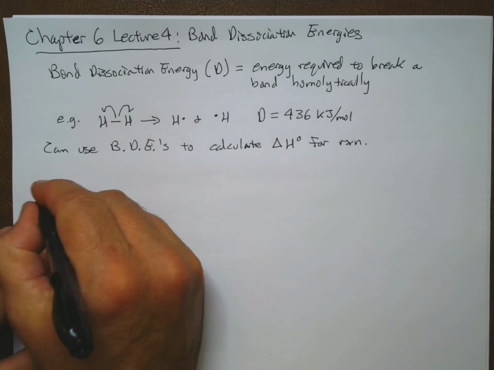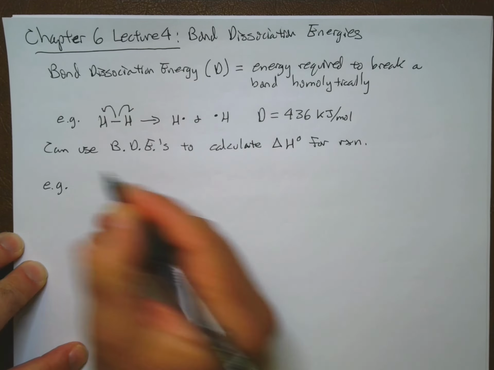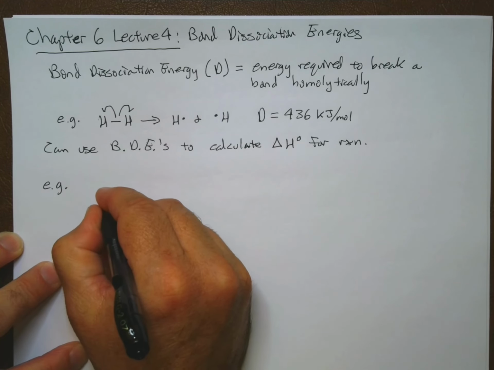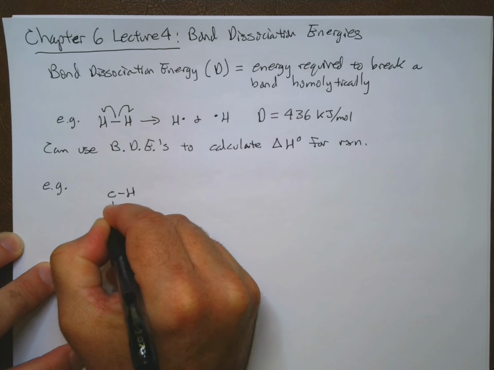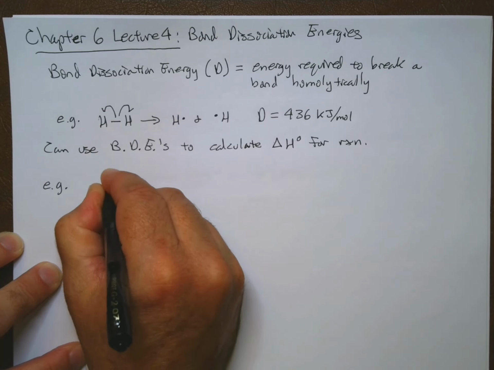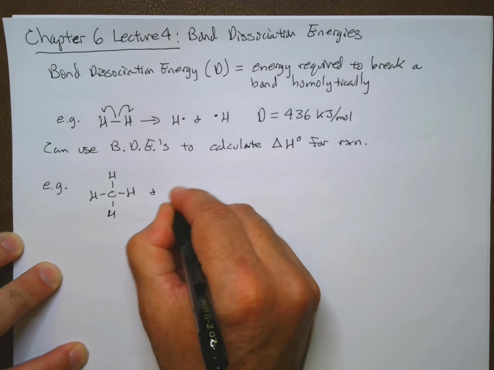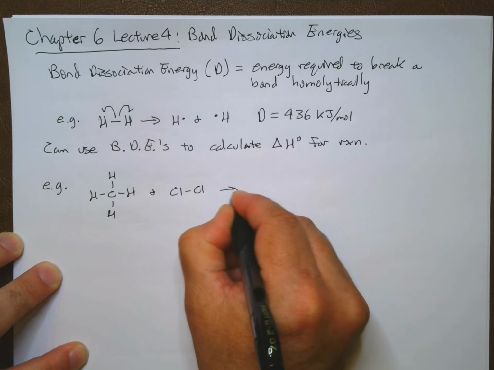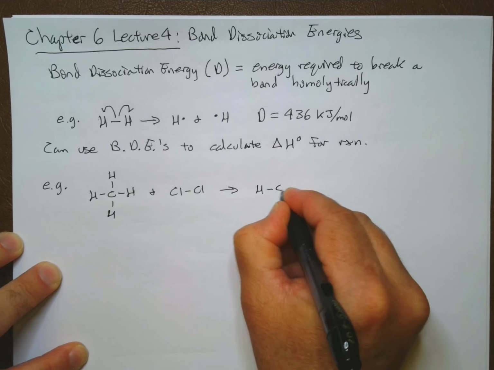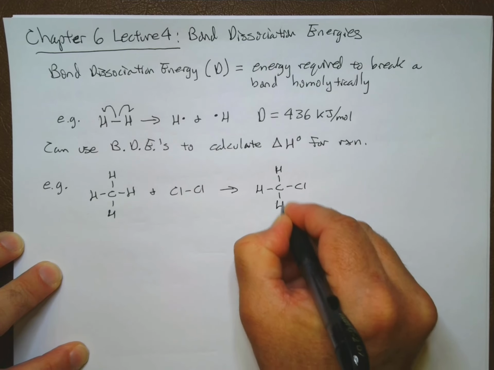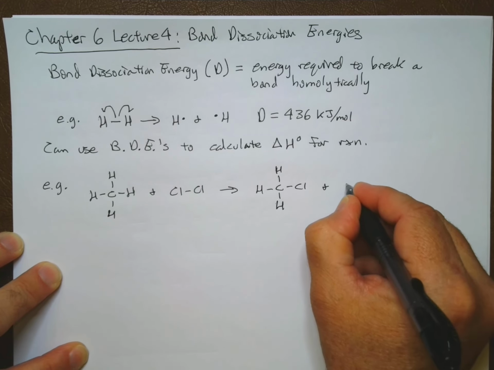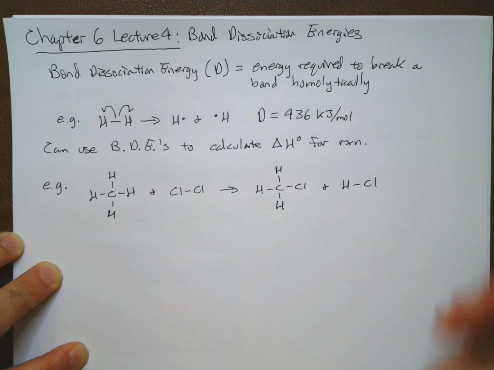Let's take methane and chlorinate it: methane plus Cl-Cl reacts to give CH3Cl plus HCl. You remember the free radical chlorination of methane.